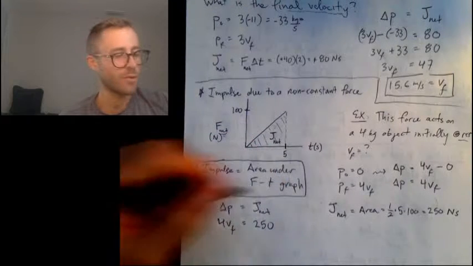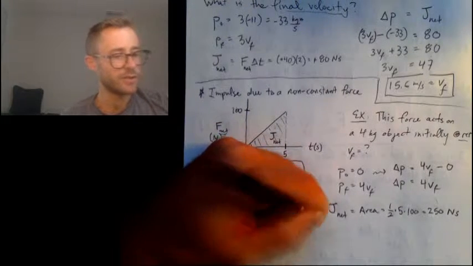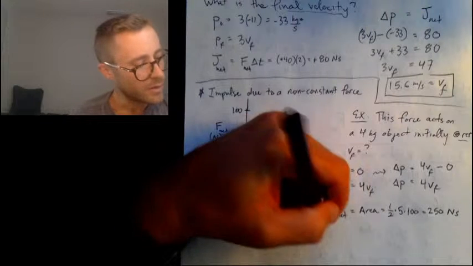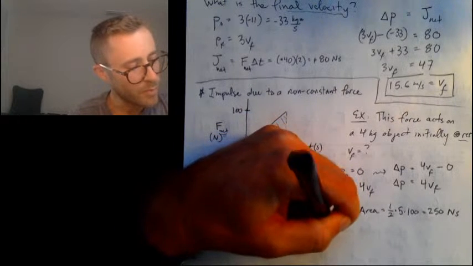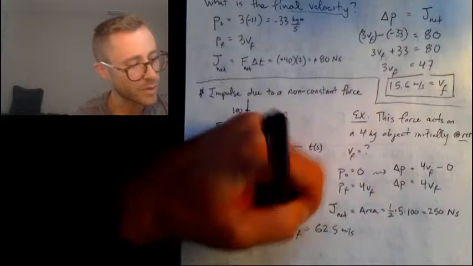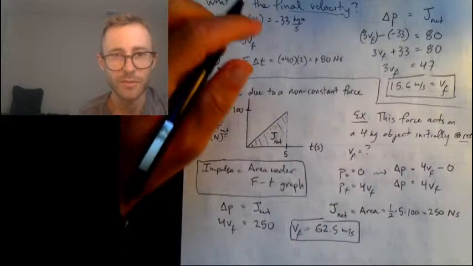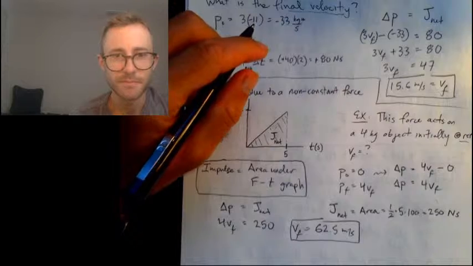Dividing both sides by 4, I get that v final is 125 over 2, so 62.5 meters per second is v final. All right.